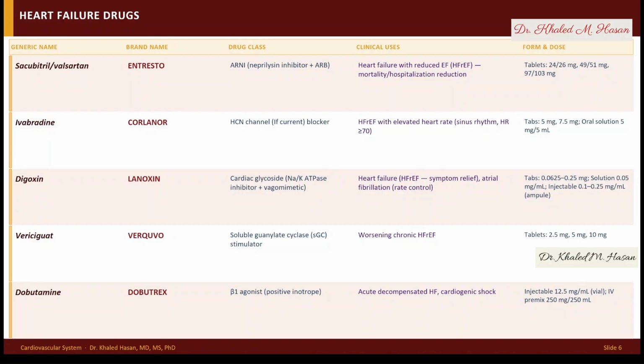As you can see, the first medication in the group, sacubitril and valsartan, brand name Entresto, belongs to the ARNI, neprilysin inhibitor plus ARBs. ARNI comes from ARB plus neprilysin inhibitor.